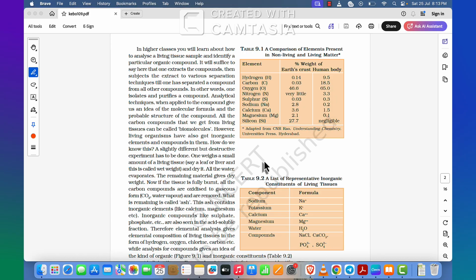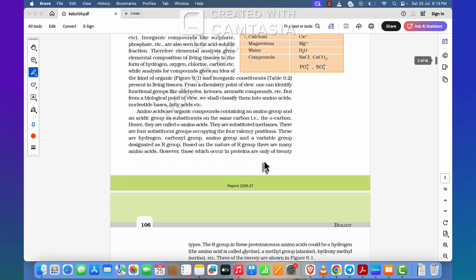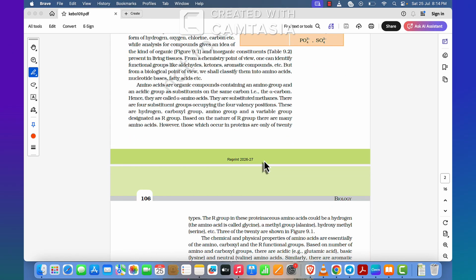This ash contains inorganic elements like calcium, magnesium, etc. Inorganic compounds like sulfate, phosphate, etc. are also seen in the acid-soluble fraction. Therefore, elemental analysis gives elemental composition of living tissue in the form of hydrogen, oxygen, chlorine, carbon, etc. While analysis for compounds gives an idea of the kind of organic and inorganic constituents present in living tissues.